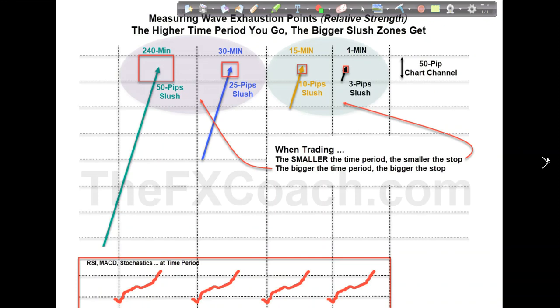So when trading, the smaller the time period, the smaller the stop: 15-minute, 1-minute. The bigger the time period, the bigger the stop: 30-minute, 60-minute, 240. Because you have to cover the areas of slush.